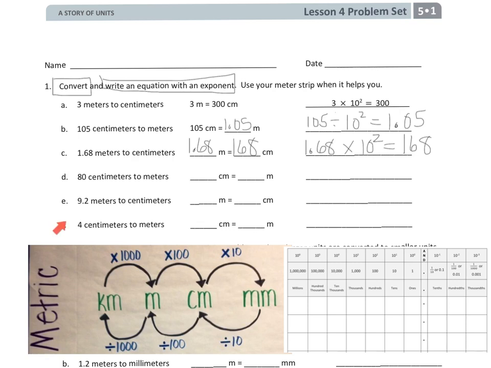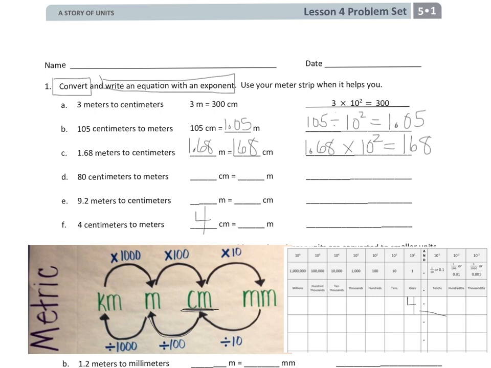Let's drop down to 1F. We're doing 4 centimeters to meters. So I'm going to write first in 4 centimeters, which is right here. We're doing centimeters to meters. That means we're dividing the 4 by 100. So that's 4 ones. And we're going to move it 2 times to the right because we're dividing.